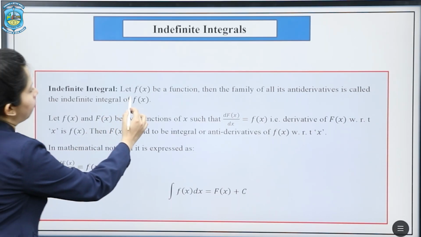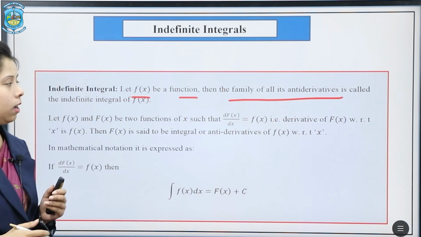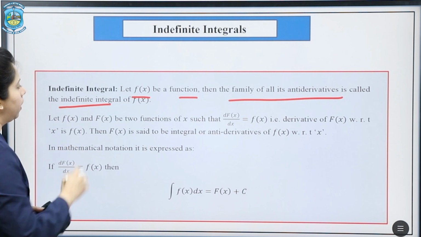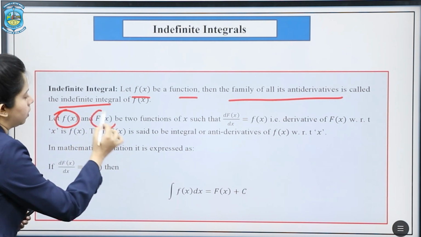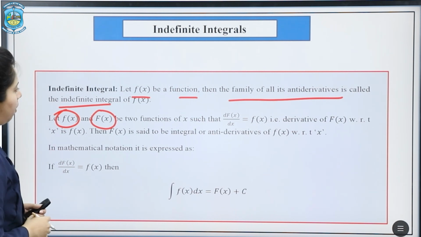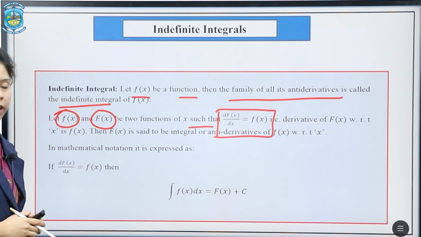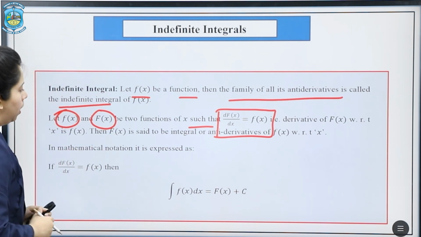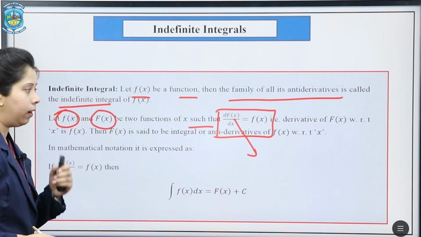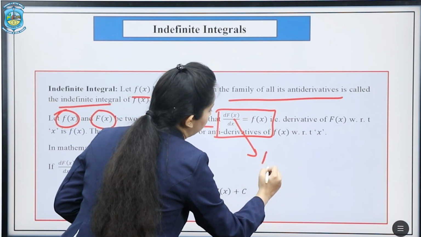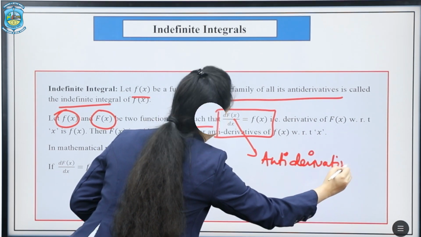Now let f of x be a function, then the family of all antiderivatives is called the indefinite integral of f of x. Here we are taking two functions, small f of x and capital F of x, such that the derivative of capital F of x is small f of x. Then this capital F of x is called the antiderivative of f of x with respect to x.